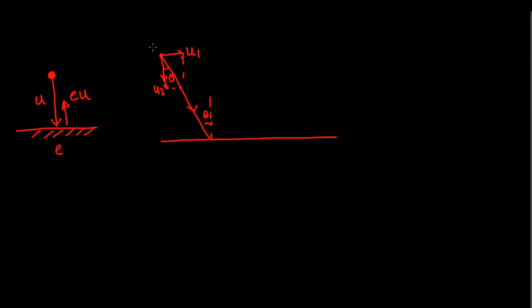So we know tan theta will be equal to u1 upon u2. Now when it returns back, it will have two components of velocity. The horizontal component will be the same, but the component normal to the surface will be e u2, just like this.